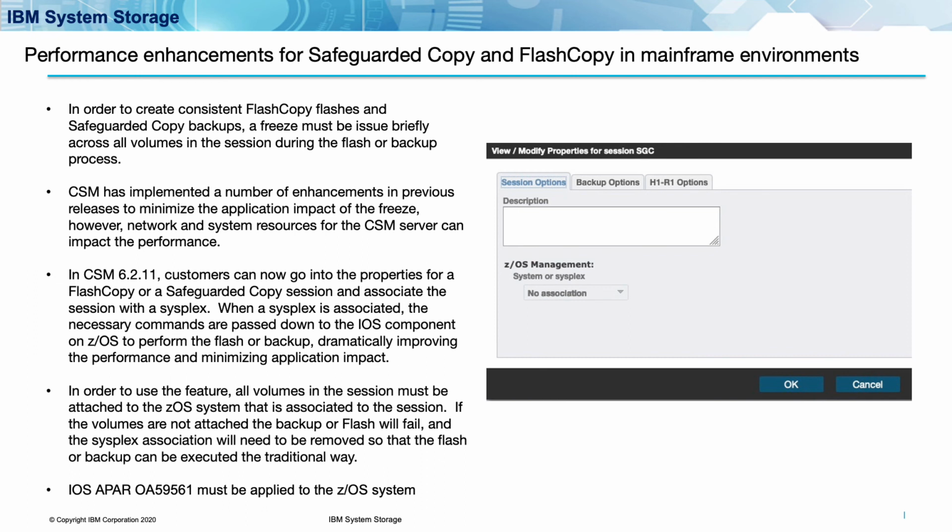We'll build those commands and send them to the IOS component, and they will execute them. Because they are executing them in their page-fixed storage, they are issuing them through the FICON interface much faster than we can through the CSM side, and that minimizes application impact to the levels of, say, GDPS or CSM FlashCopy Manager.